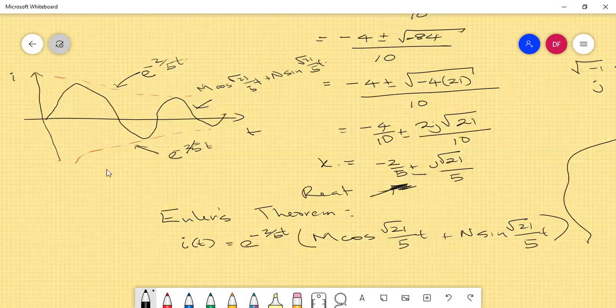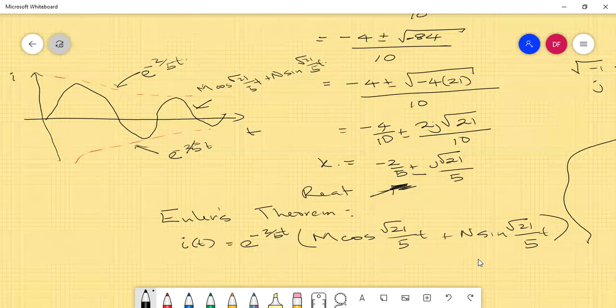So we just differentiate and integrate to find the voltage across the capacitor at any moment in time.